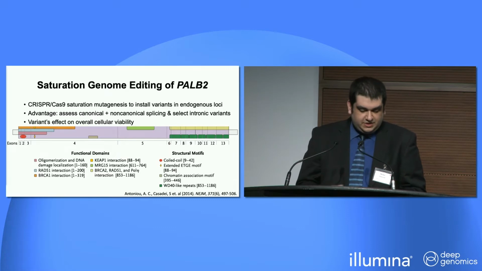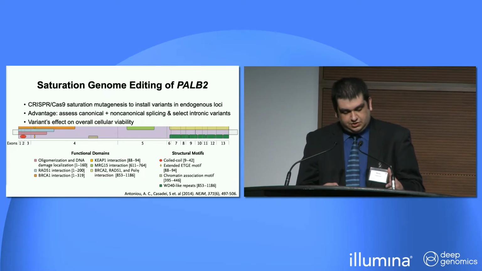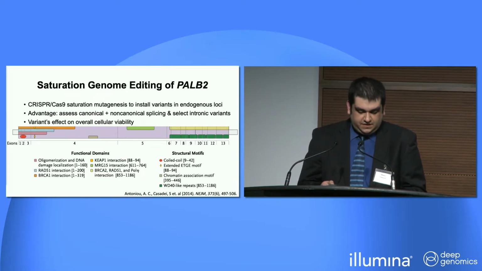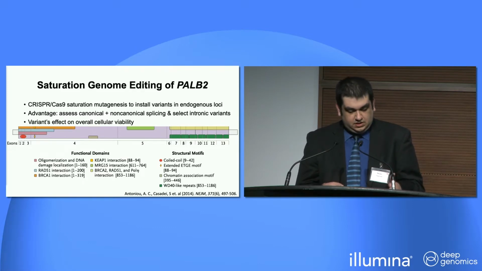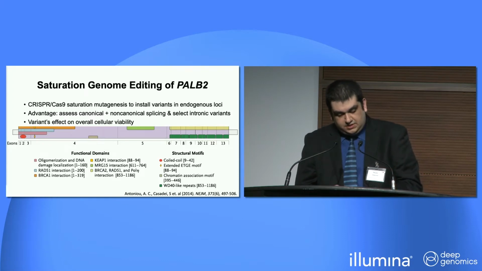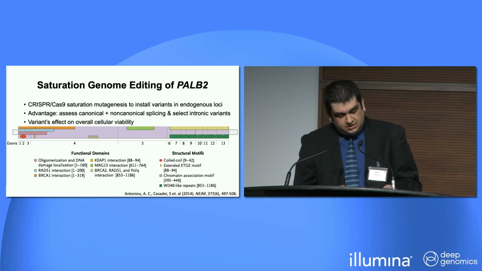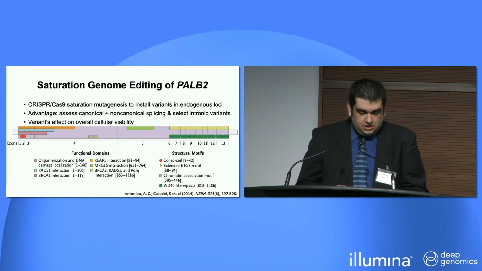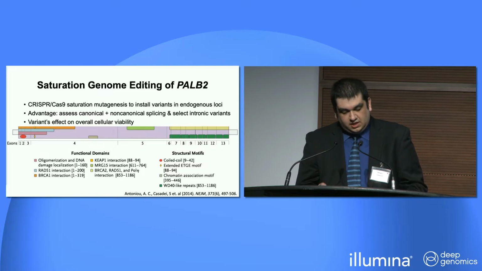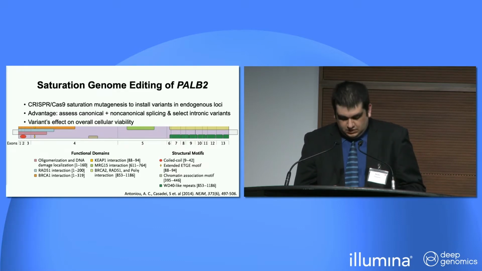SGE allows for CRISPR-Cas9 mediated high-throughput functional assessment of every SNV's effect in the endogenous locus of an essential gene based on a readout of cellular viability. Compared to similar methods, SGE will not only inform about all missense, nonsense, and synonymous SNVs, but also canonical and non-canonical splicing SNVs and select intronic SNVs.